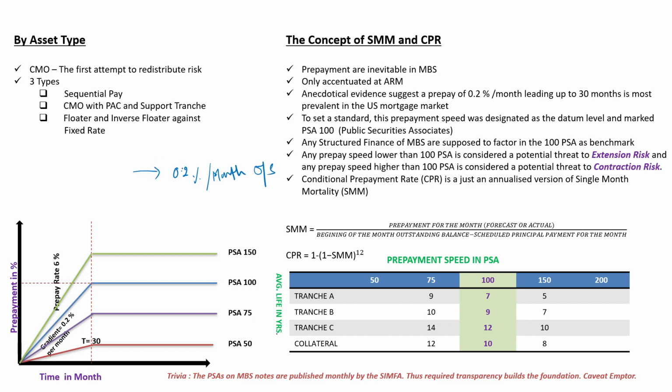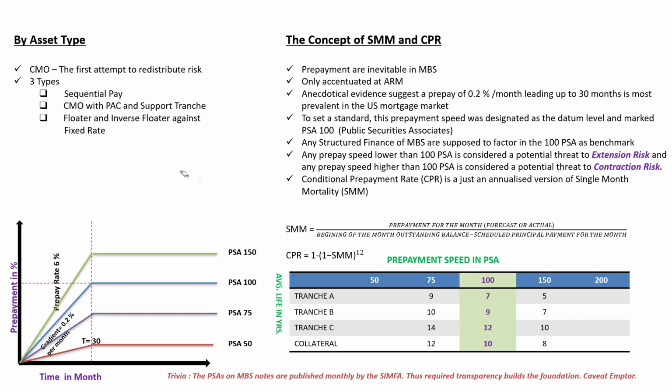Now, mind you, this is a historic data representation only, but nonetheless it serves our purpose, because a prepayment speed termed 100 PSA is attached to the prepayment rate of 0.2% and thus forms the datum level. Datum level to what? Datum level to estimate the prepayment rate that the note holder in the structured securities could expect over the tenor of their holding.